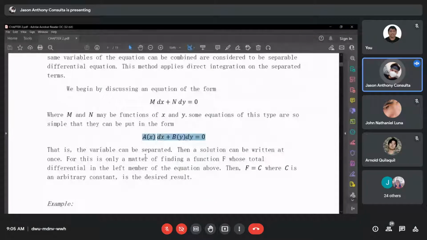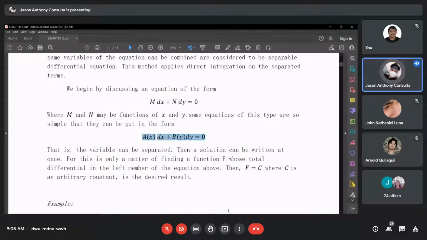Put all the y terms in the left side and all the x terms on the right side. Then perform the direct integration. So this is only a matter of finding a function f, okay, whose total differential is the left member of the equation above, then f is equal to c, where the constant c is an arbitrary constant.